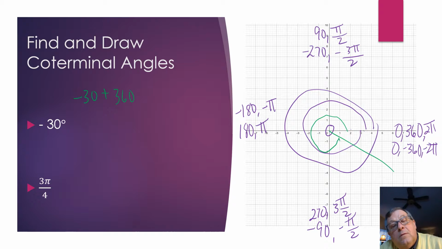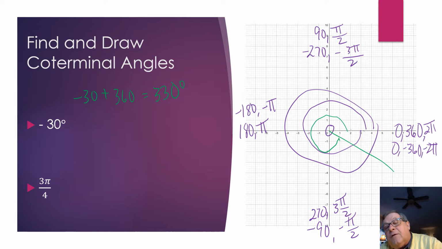What would that equal? Well, that would equal 330 degrees. So a 30-degree angle and a negative 330-degree angle is a positive angle sharing the same terminal side. Now, what about a negative angle?